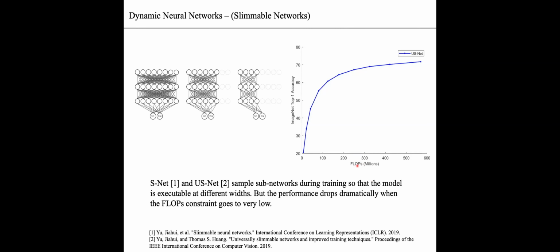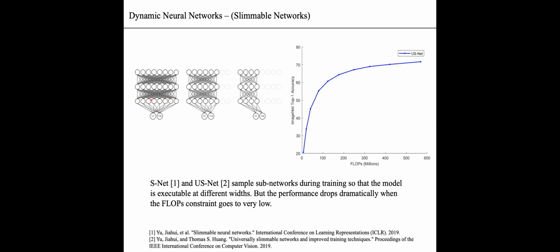A better solution is dynamic neural networks, which are able to change the network structure during inference time. Slimmable networks are one type of dynamic neural network. The idea is that a slimmable network is able to slim the network width, where width means the number of channels in a neural network layer.